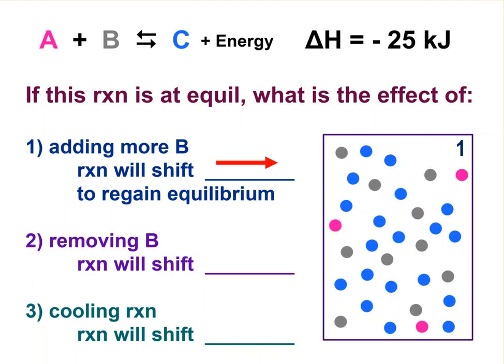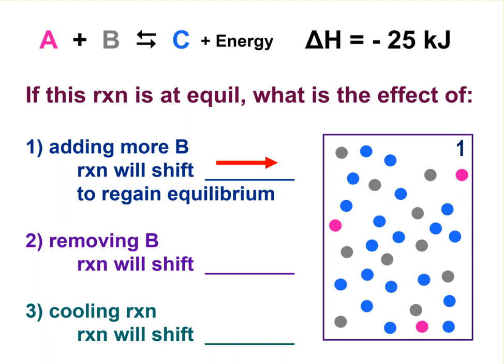It has not changed. What happened is this number got bigger, the B concentration got bigger, so the A got smaller, and when you divide products over reactant, you get the same number as you did before. So I'm not sure the math works with the dots, but that's the idea, Kc didn't really change.